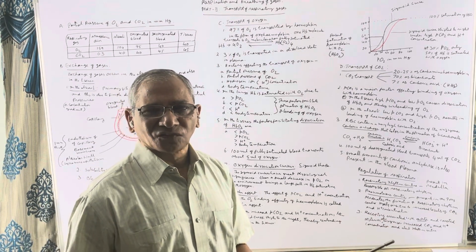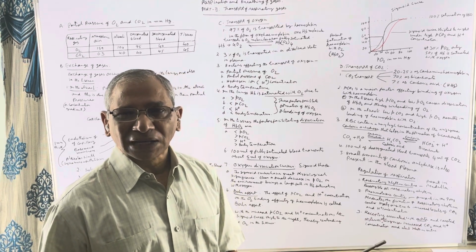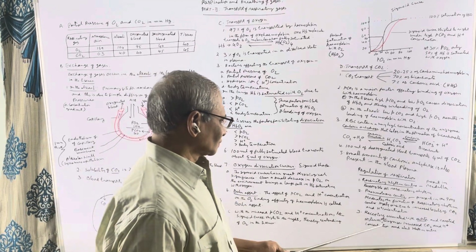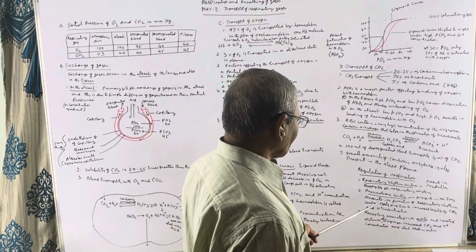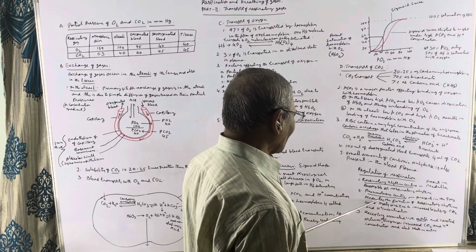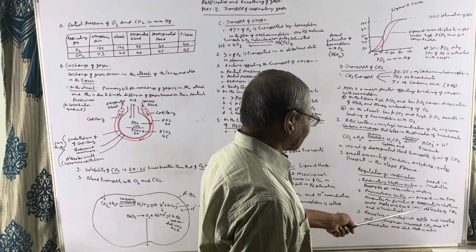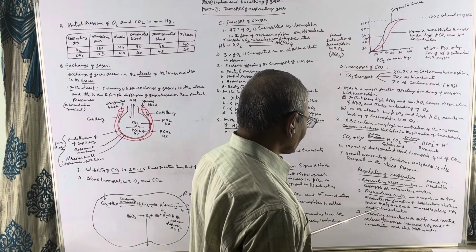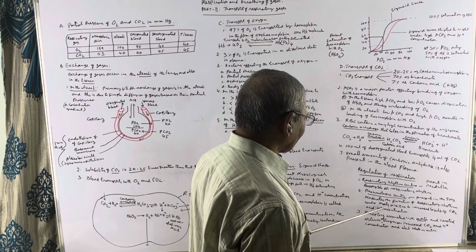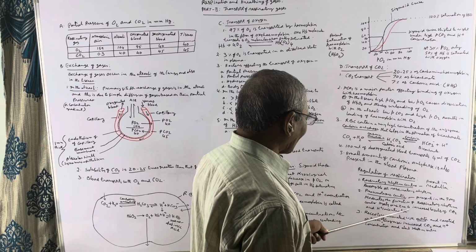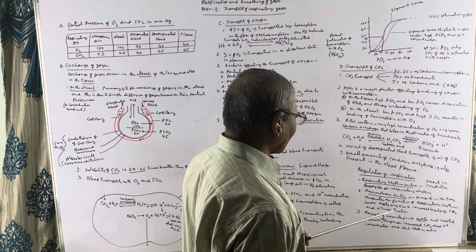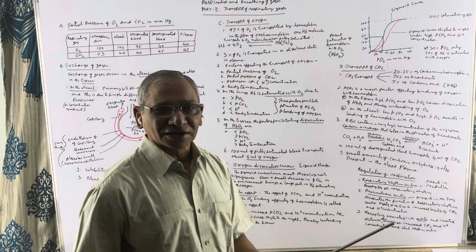Pons is a part of the brain stem. So, the pneumotaxic center moderates the function of respiratory rhythm when the carbon dioxide levels and hydrogen ion concentration increase in the blood.